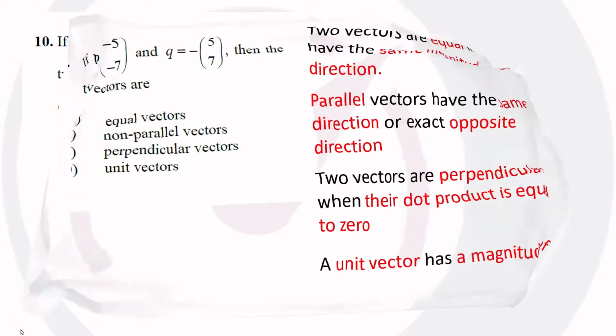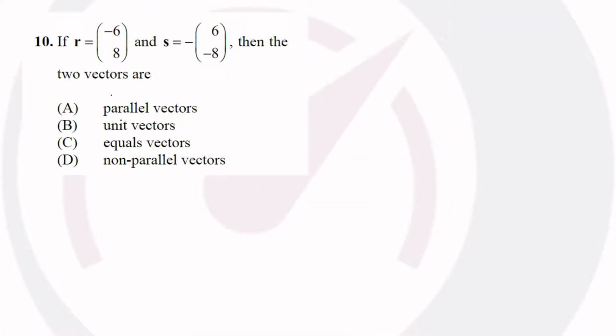Let's look at the next one. Number 10. Now, if R is equal to negative 6, 8, and S is equal to negative 6, negative 8, then the two vectors are, first and foremost, let's distribute this negative sign. So we have R is equal to negative 6, 8.